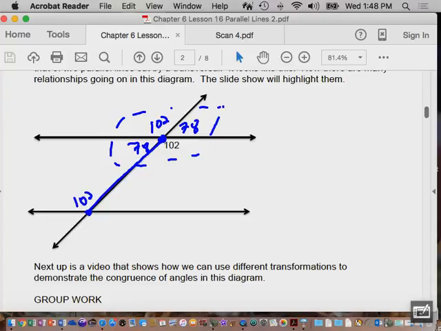What's this guy? 78. Those angles that land on top of each other, we call corresponding angles. The word to correspond means to match up. Davis, how did you get 78? Because together they have to add up to 180, because they make a straight line.